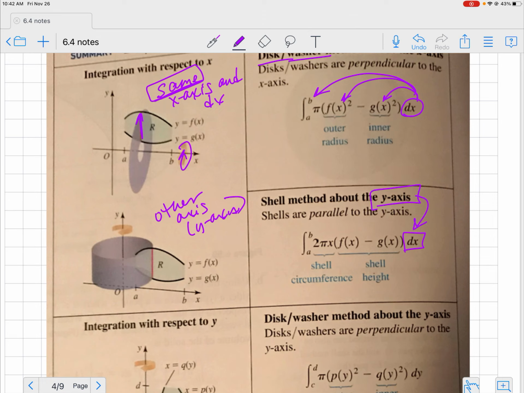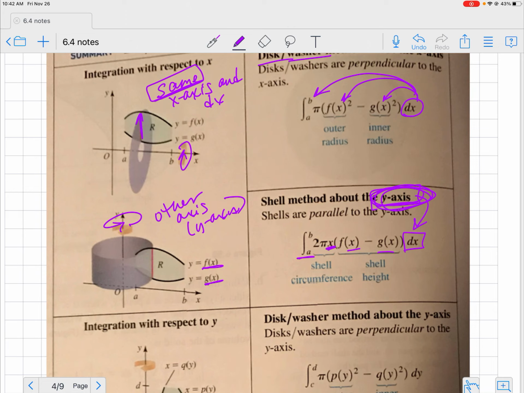That is the key, around the y-axis. However, my variables are all in terms of x. My radius is in x, my functions are in x, my bounds are in x. I'm just going around the other axis. Shell method goes around the other axis. That's the kicker.